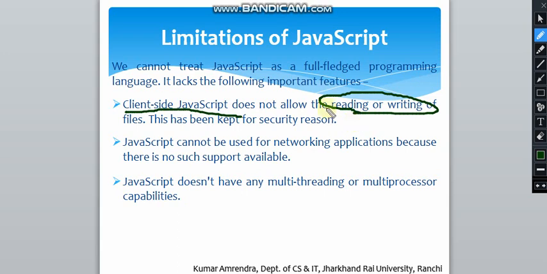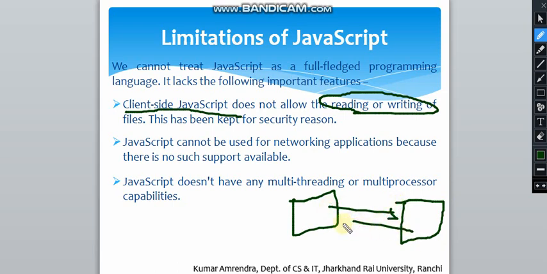The next one is that JavaScript cannot be used for networking applications because there is no such support available. JavaScript is used only for server and client interaction, request and response, and no other features such as networking are there.